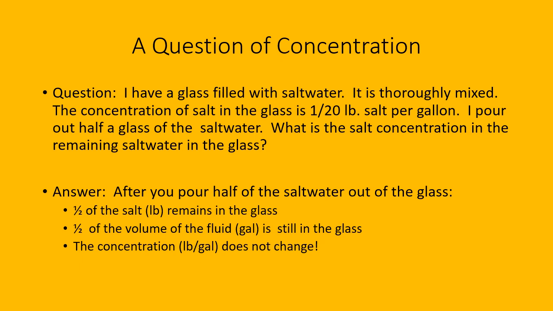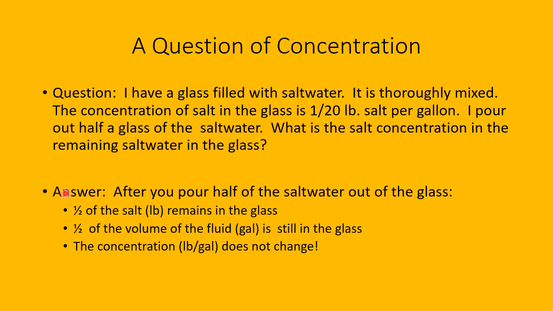Let's ask a question of concentration of salt water. Here's the question. I have a glass filled with salt water. It is thoroughly mixed. The concentration of salt in the glass is 1/20th pound salt per gallon. I pour out half a glass of the salt water. What is the salt concentration in the remaining salt water in the glass?